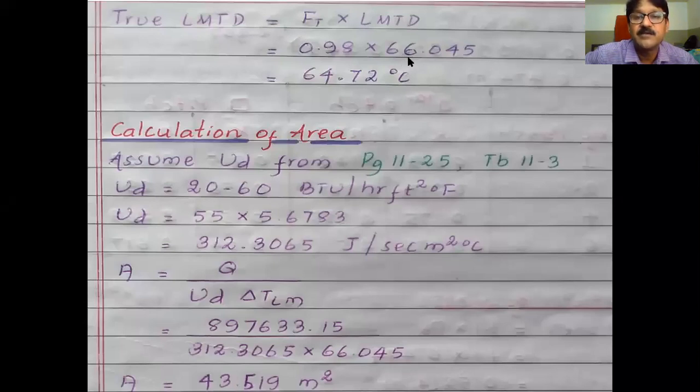You have LMTD of 66.045 multiplied by 0.98. You have to use the true LMTD for further calculation, so don't use the plain LMTD. True LMTD is equal to FT into LMTD. FT you got is 0.98, LMTD you calculated is 66.045, so the true LMTD you have to use for the calculation is 64.72.